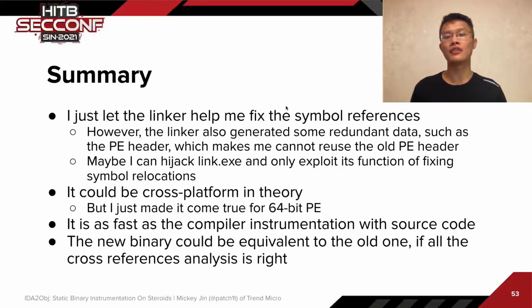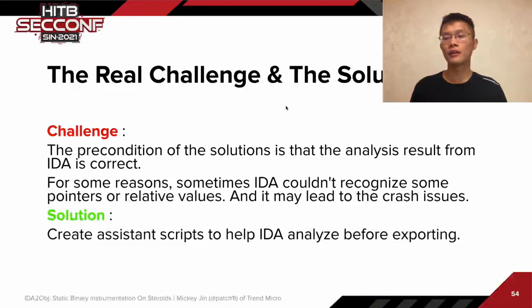However, for some reasons, sometimes IDA can't recognize some pointers or relative values, and it may lead to some crash issues. The solution is creating assistant scripts to help IDA analyze before exporting.